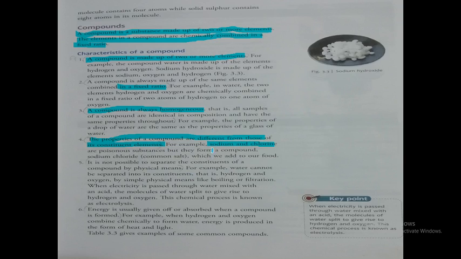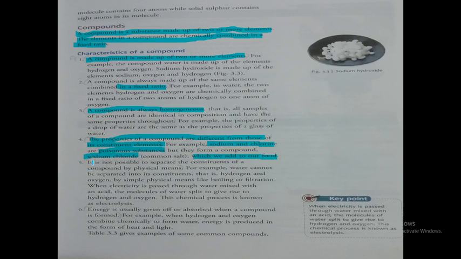Sodium and chlorine are individually poisonous substances, but when they combine and form sodium chloride, the compound can be added to our food, which means it is non-poisonous. So the characteristics of the elements individually are completely different from the compound formed, sodium chloride.